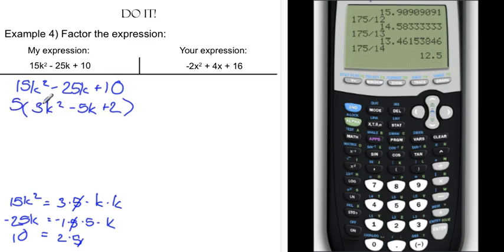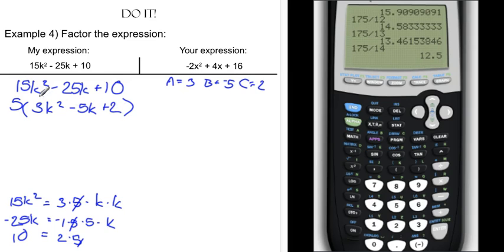And so what happens is there's a 5 that I can factor out on all of this, but it still leaves me with this quadratic trinomial, and so now I've put that 5 on the outside, but I still have to try and factor this. And so I'll find, just as before, a is now 3, b is negative 5, and c is 2.